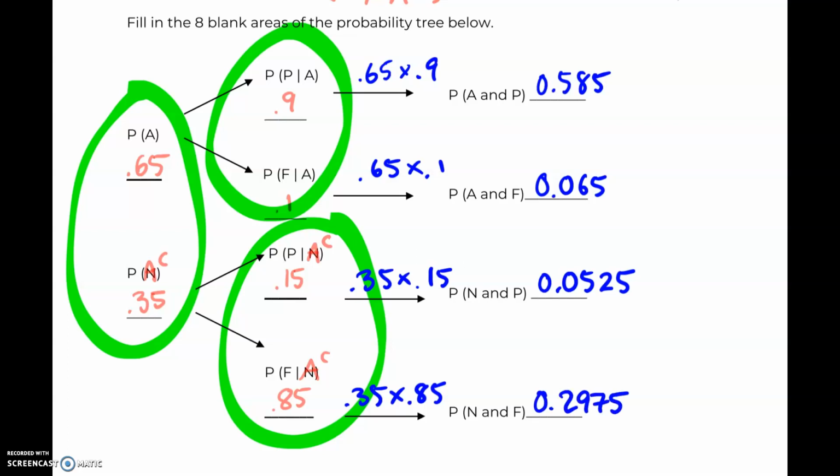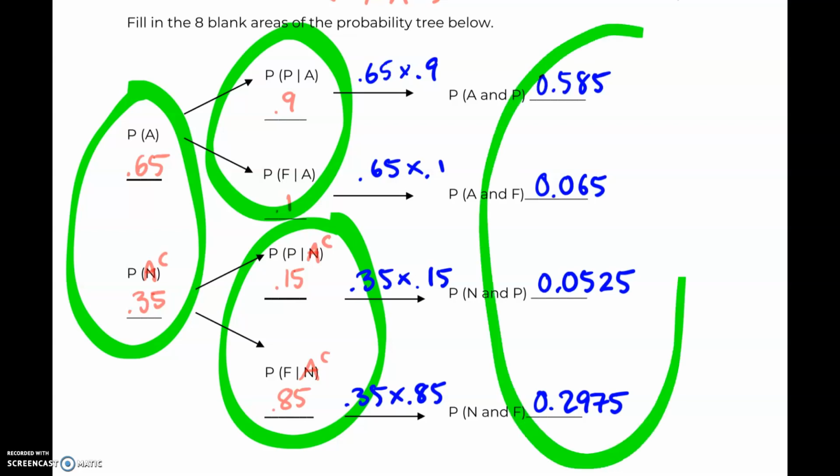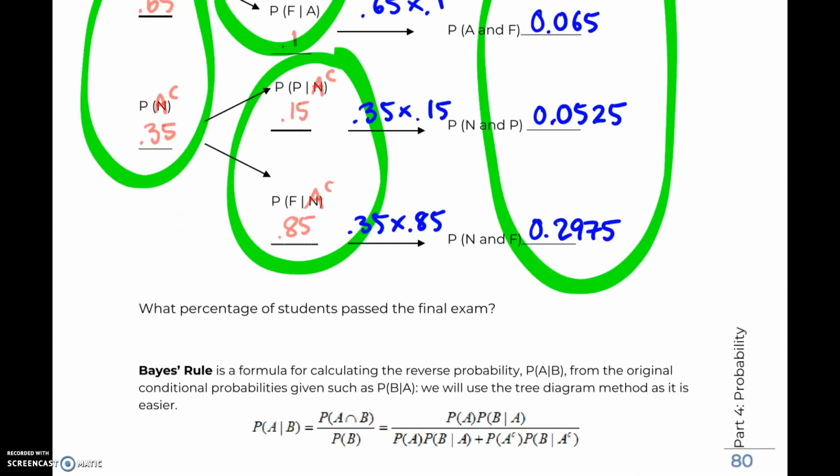So again, these probabilities add up to 1 as well. So it's a quick and easy way to check at the end to make sure that you set up the tree correctly. So the question over here is asking, what percentage of students passed the final exam?